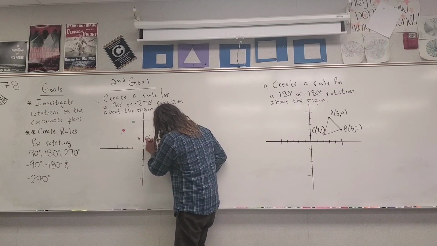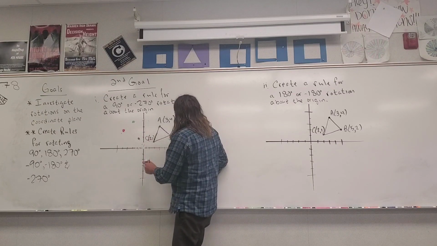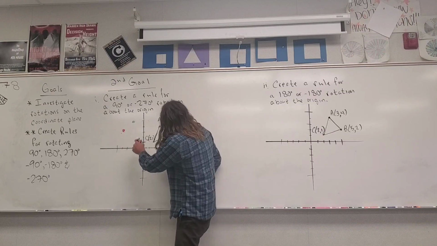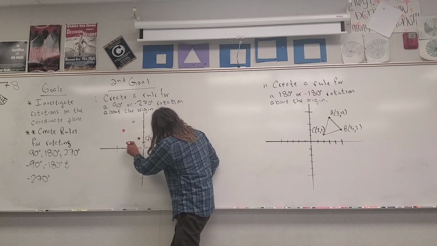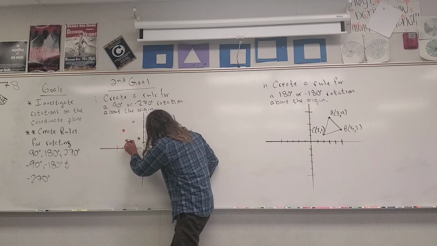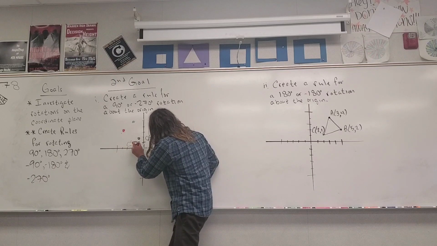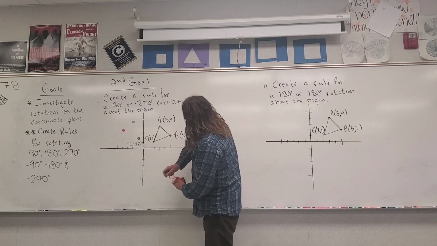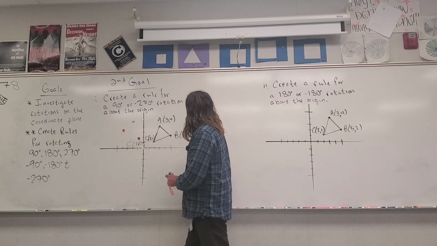There's my C at a value of 2, 1. C prime, which is here now, let me make that better. C prime is -1, 2. B prime is -2, 5.